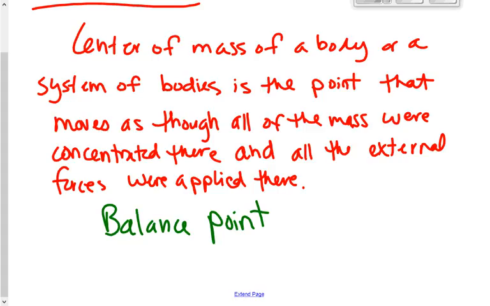Another way of thinking about the center of mass is, we don't see this a lot because most of the things that we've been throwing around figuratively in our problems have been balls or boxes. And if I throw the pen straight up, it doesn't really do anything, right? It just goes up and comes down. But if I give it a little torque at the beginning, then the pen turns end over end as it goes up.